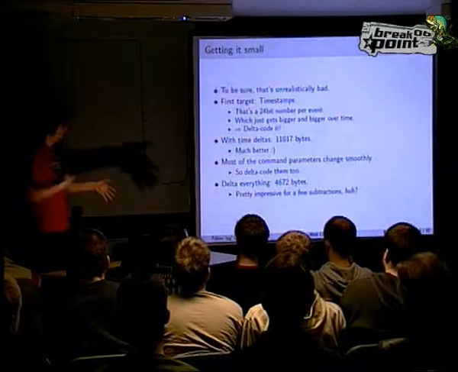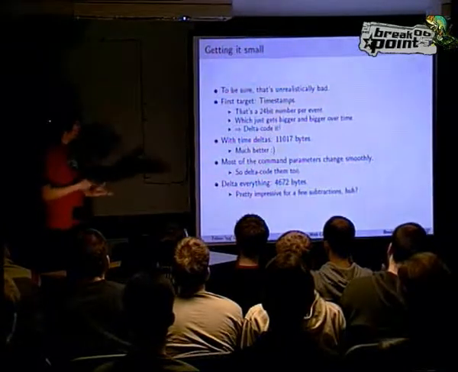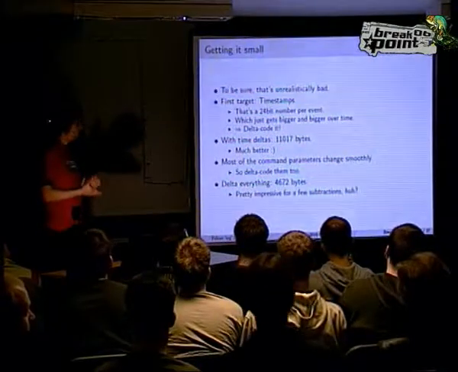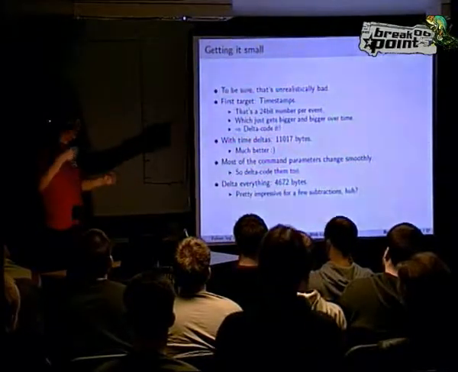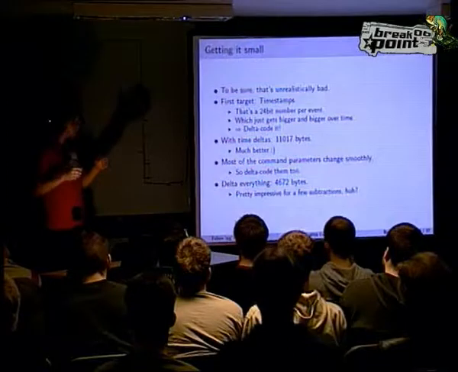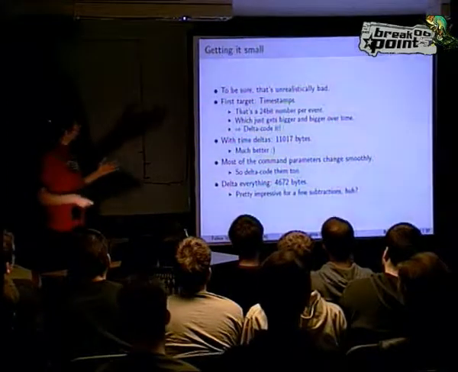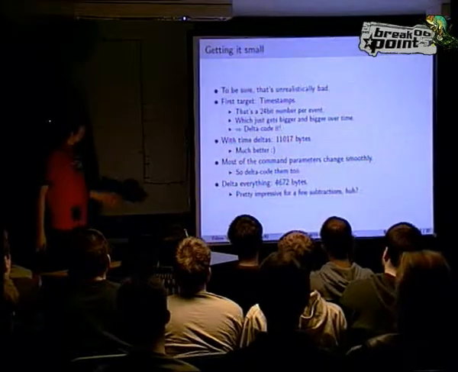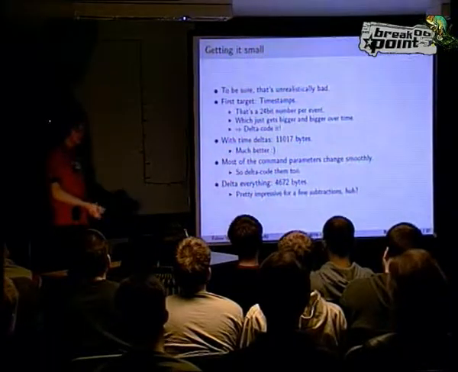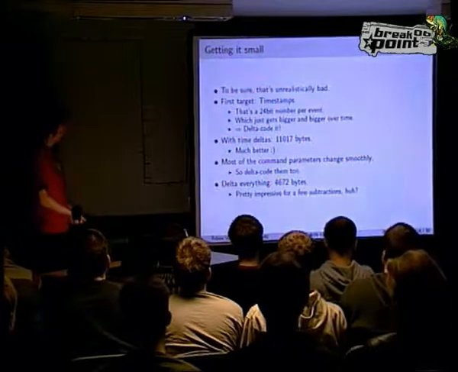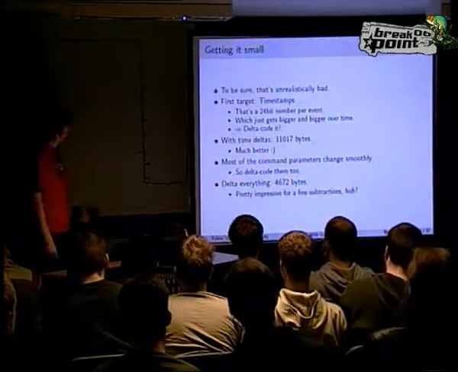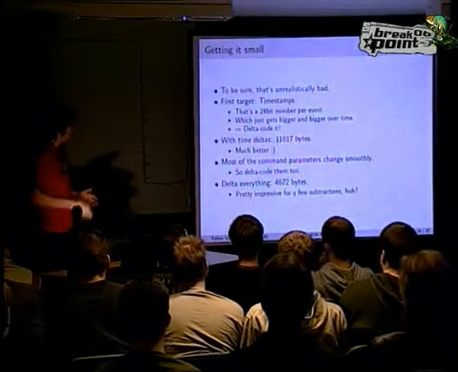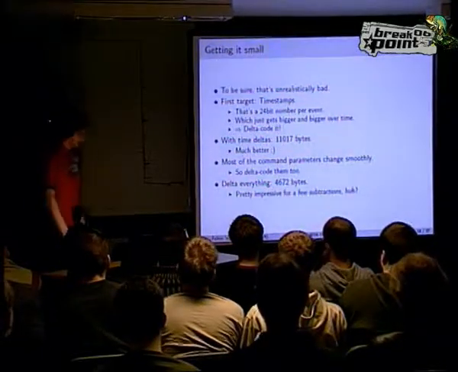Similarly, you can do this for the command parameters, which can be both note numbers and volume changes and so on. Most of that changes very smoothly or gets repeated a lot during the run of the music too. So we can delta code them as well. And if you do this on everything, you're down to 4.5 kilobytes, which, considering that we just did a few subtractions to get there, is really quite amazing.